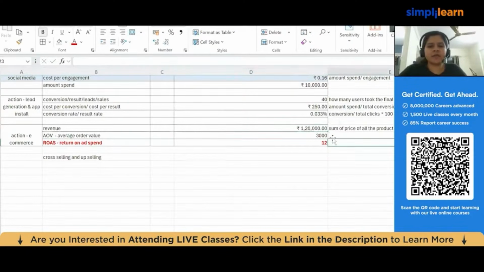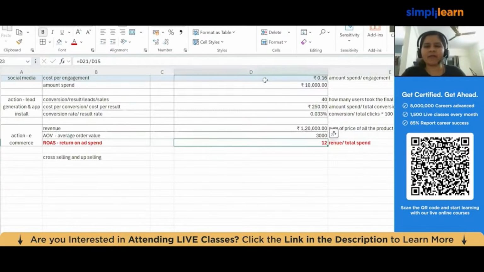Let me just write it down over here. Revenue divided by total spend is your ROAS. You might have heard this term, right? I need 1x return, I need 2x return, I need 10x return. It's the same thing. After you have spent 10,000 and you have got a business of 1,20,000, that is 12x return.